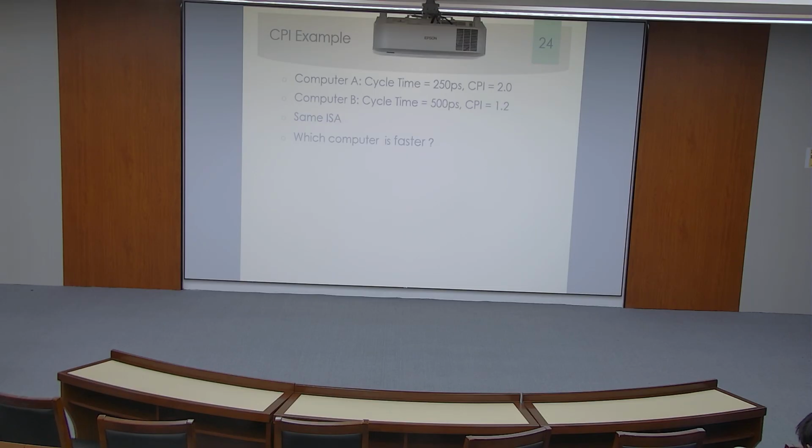And since these two computers have the same instruction set architecture, that means they have the same instruction count, we have 1.2. So computer A is 1.2 times faster than computer B. Clear?